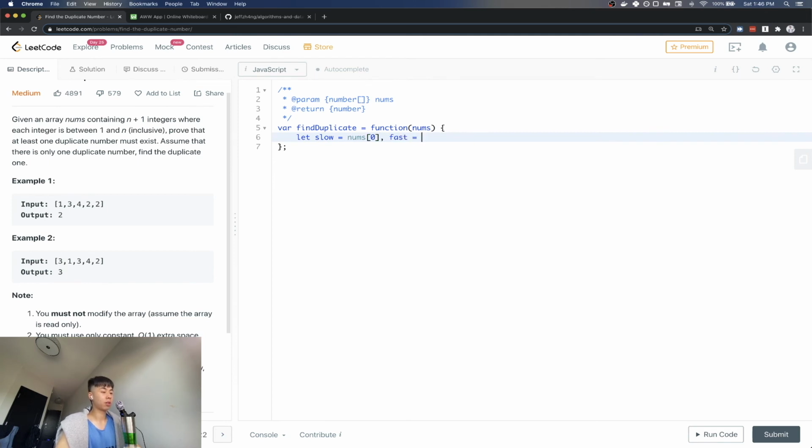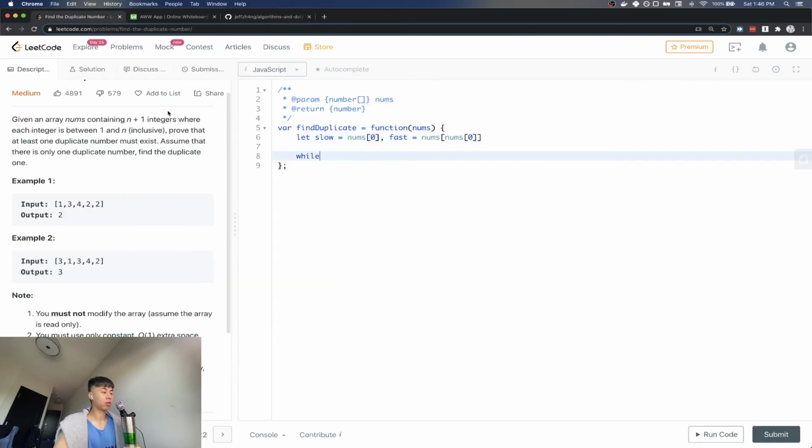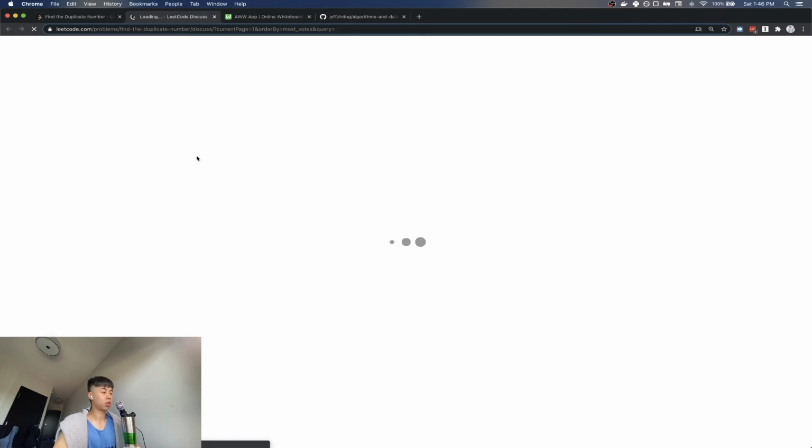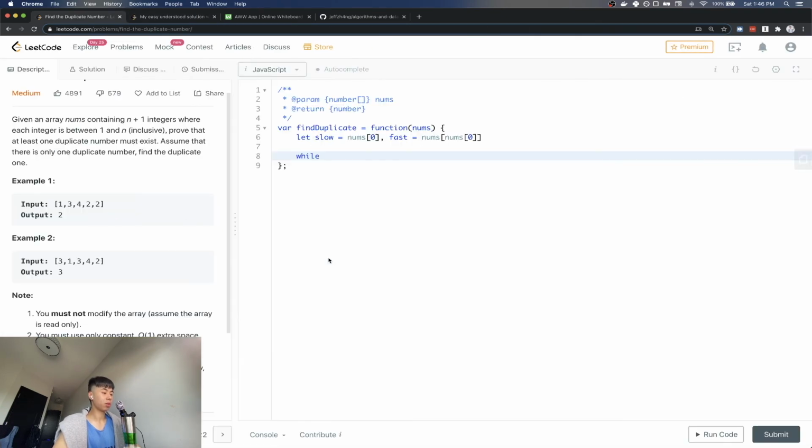Or no, fast equals, yeah. And then just looking at the solution to see how they did it. Right, so while slow does not equal fast, slow is equal to nums at slow, and fast is equal to nums at fast, and then we move that one more time.